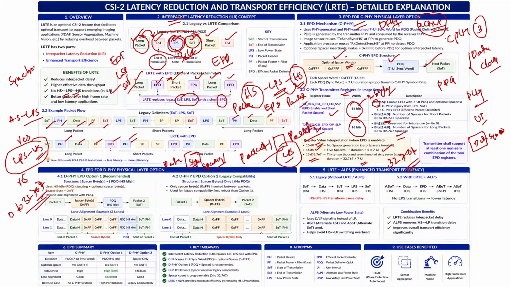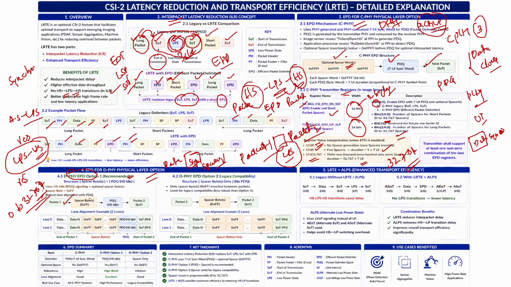And then the D5 layer we are using, it is optional, like the EPD layer is optional. Okay. And in this D5 layer we are having different types of options, like D5 with EPD option 1. So this option 1 is the recommended way we are transmitting the data. How are we transferring the data?